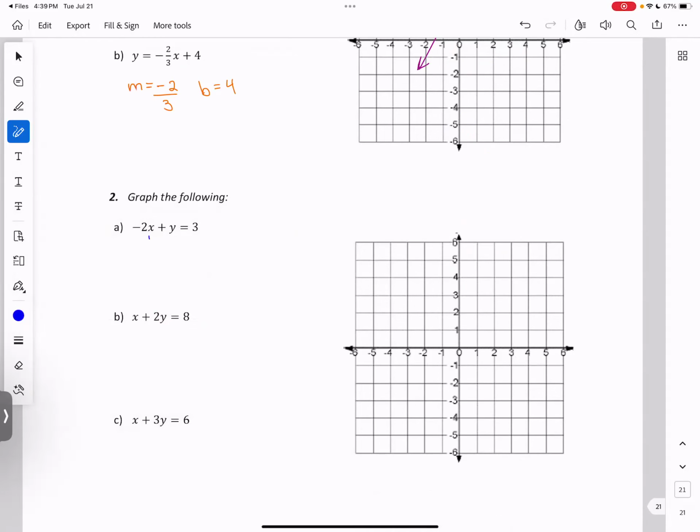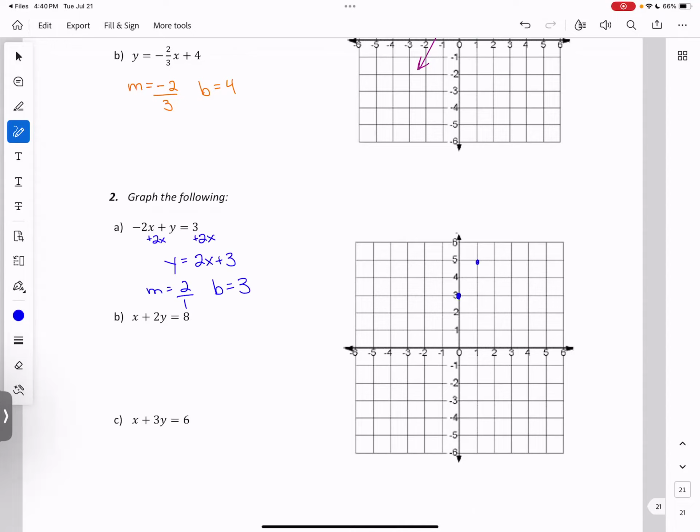So to solve for y, let's start by adding 2x to both sides, and actually that's all we have to do here. Then we get y equals 2x plus 3. So our slope here is 2, or 2 over 1. And our y-intercept is 3. So we start with our y-intercept at 3, and then from there we're going up 2 and to the right 1.